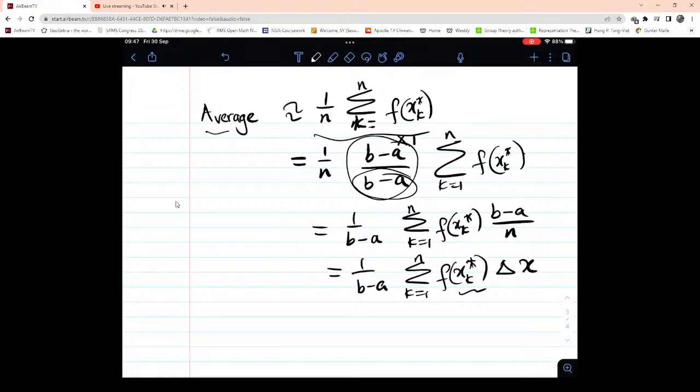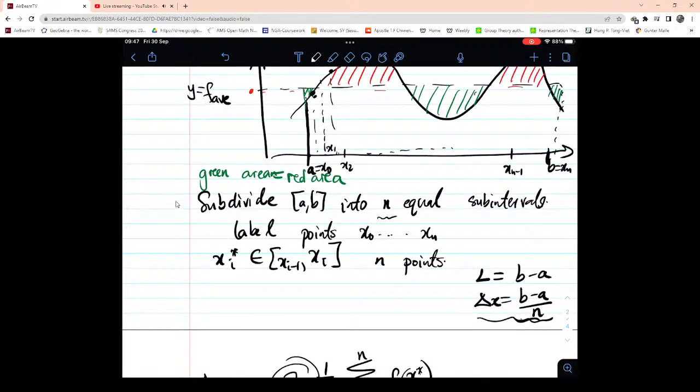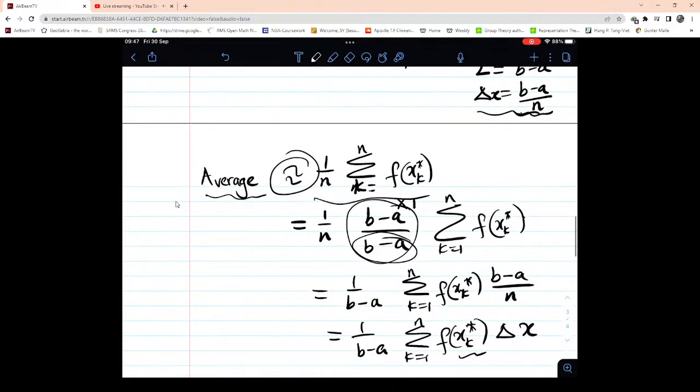So our estimate here, remember we are approximating, right? The approximation is going to depend on the number of points that we pick, how we subdivide n, right? So if we have got more n's, then whatever approximation we are doing will be closer to the average, right?